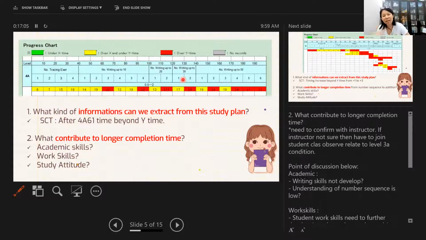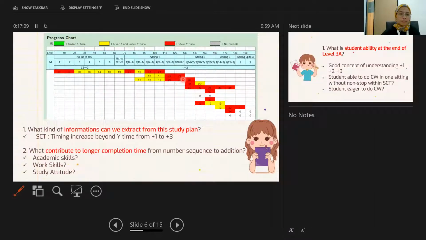Yeah, we admit that. So for the 3A SCT, we have caused this maybe academic skill. He has not mastered the +2 or +3. This may lead to being beyond the Y time. And then the pencil skill and study attitude, concentration, focus.